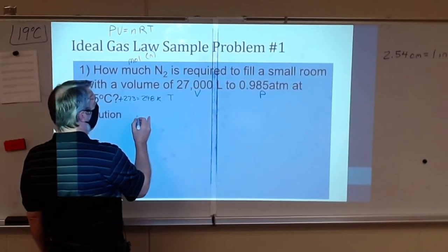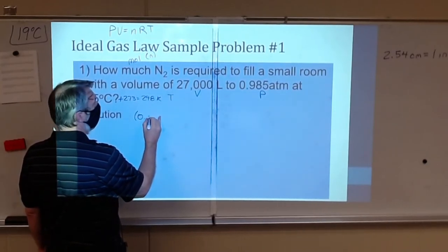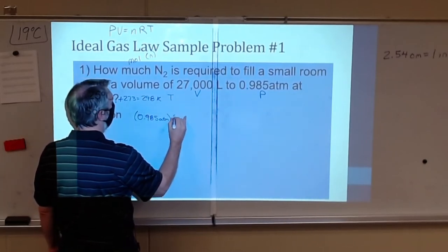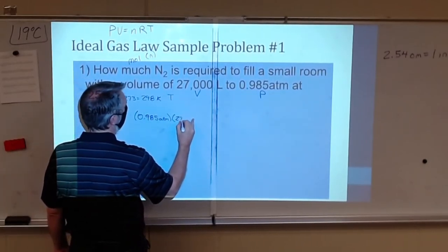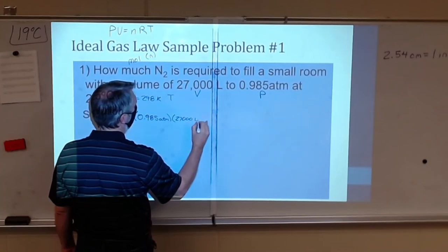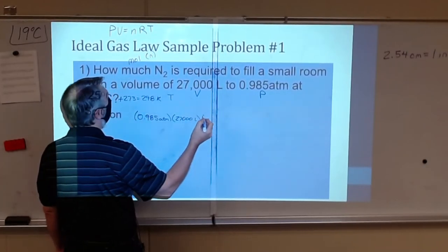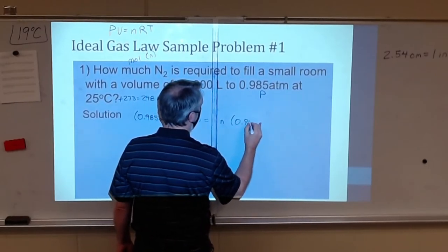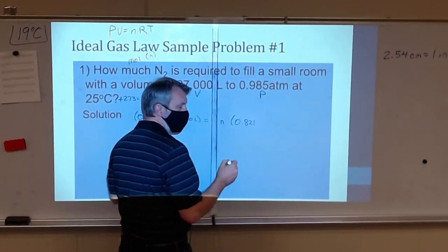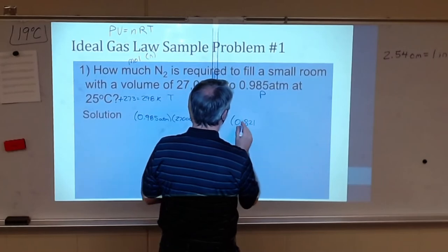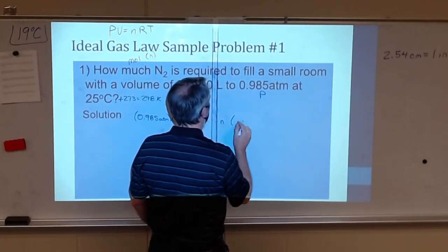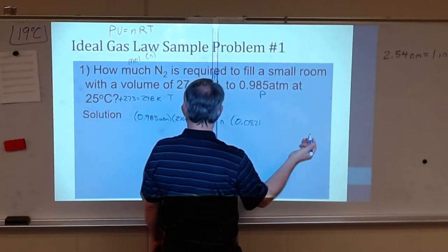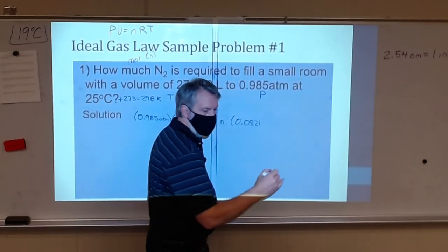So I've got pressure, 0.985 atm. Volume is 27,000 liters. And that equals n, which we're trying to solve for. Okay? That's not right. I keep doing this. And what are my units, just for fun?